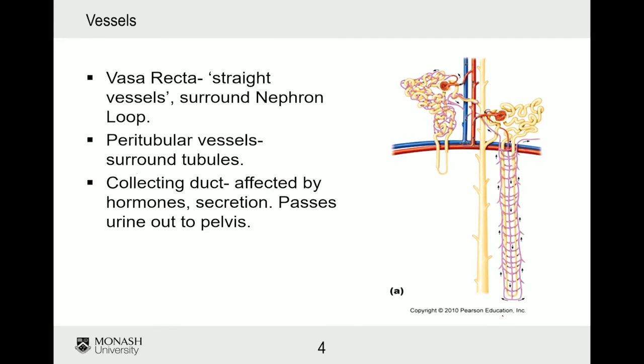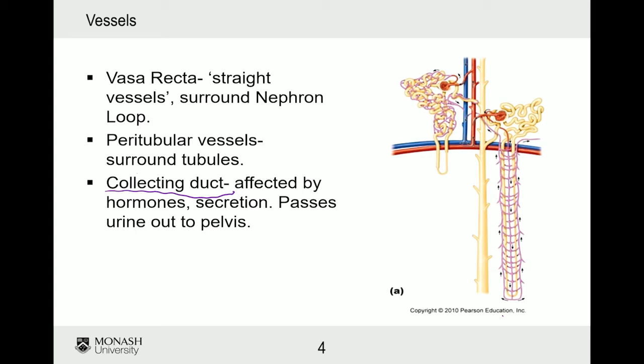How does the nephron connect to the rest of the body? Via vessels. There are two main areas through which it connects. The capillaries, which go on to the renal vein, and the collecting duct, which goes on to the pelvis of the kidney. Let's have a look at the collecting duct first.